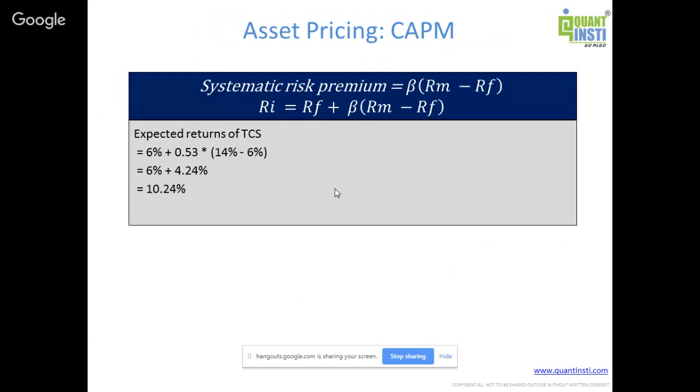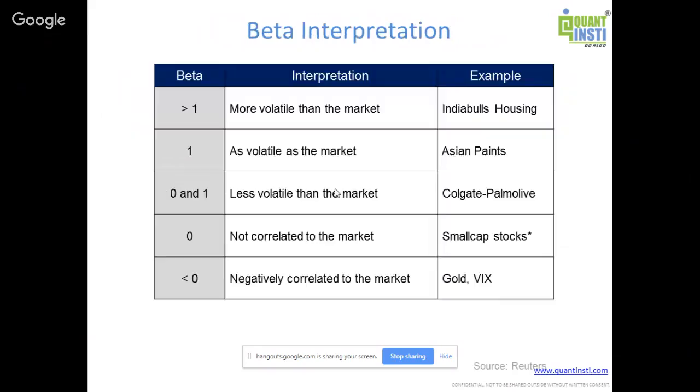You can get this estimate from historical data because to predict the future, the best way is to rely on the historical averages. Okay, so any questions? Okay, so let's understand what this number 0.53 tells us.